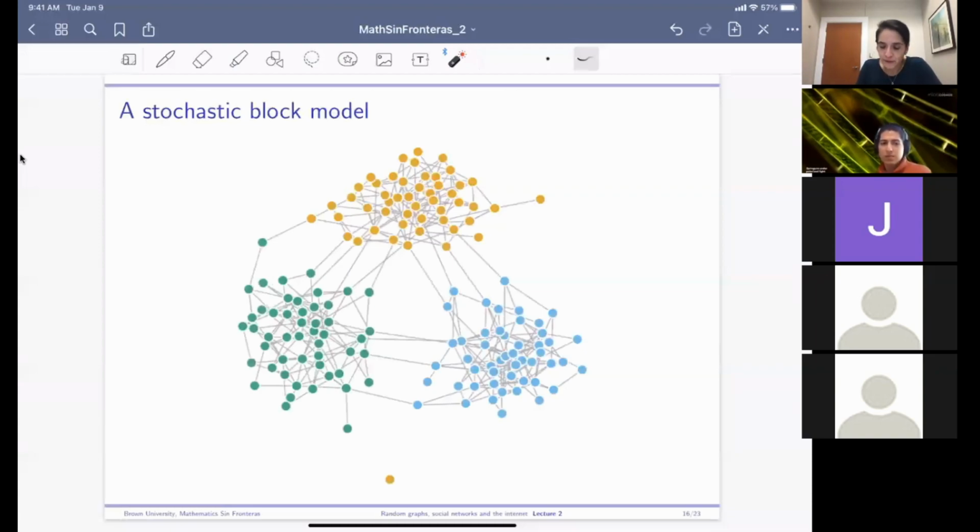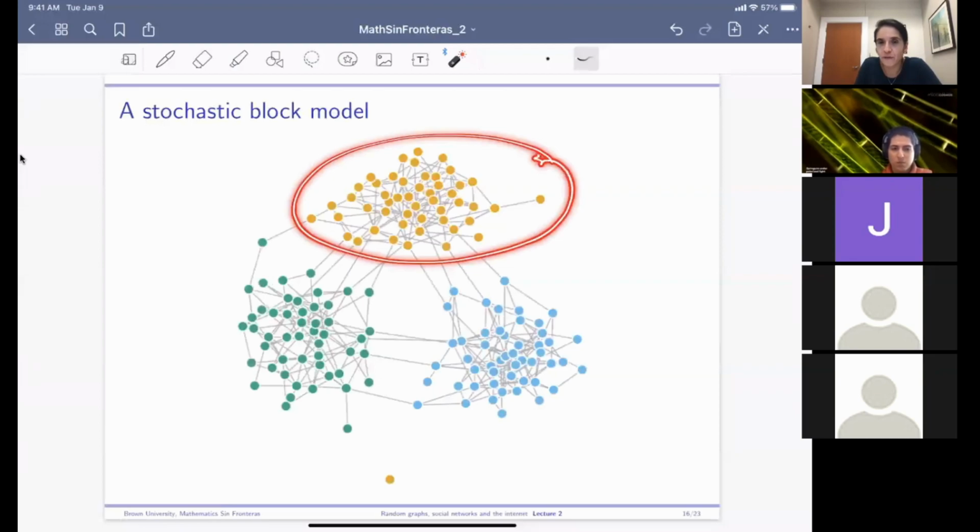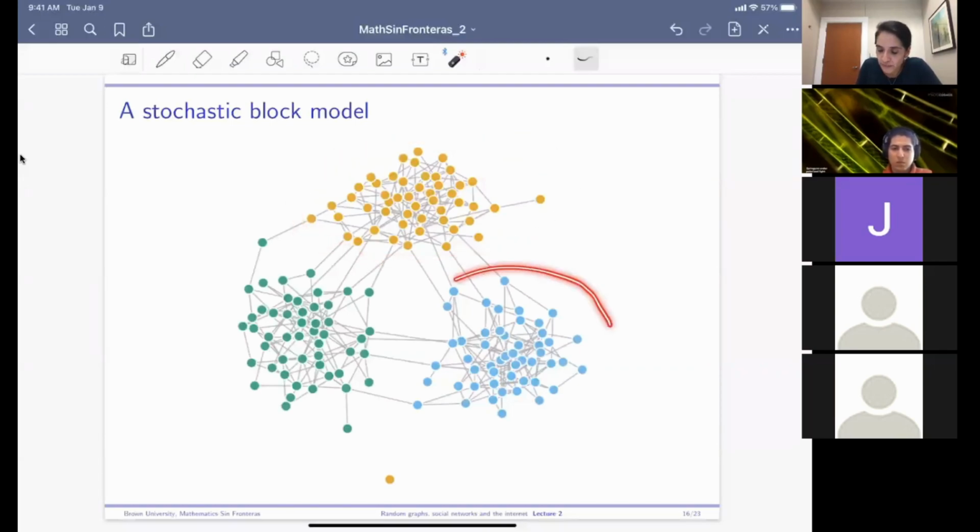If you think about this piece on its own, it looks like an Erdős-Rényi graph, and that's about right. Within each community, this model will treat all the elements of that community as if they were Erdős-Rényi subgraphs, equally. So the distribution inside the community is always Poisson, and in that sense, there's nothing interesting happening within communities.